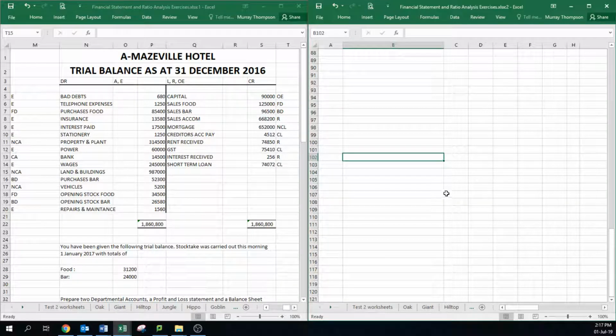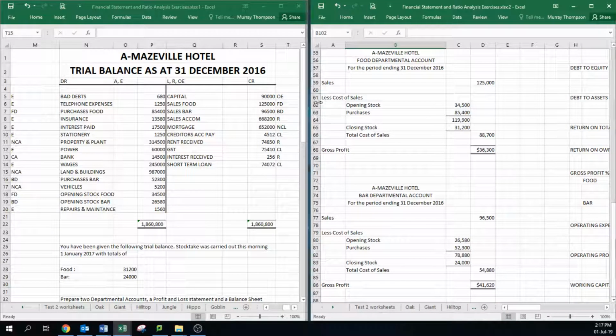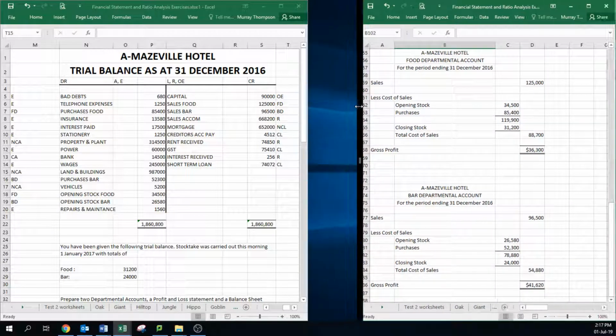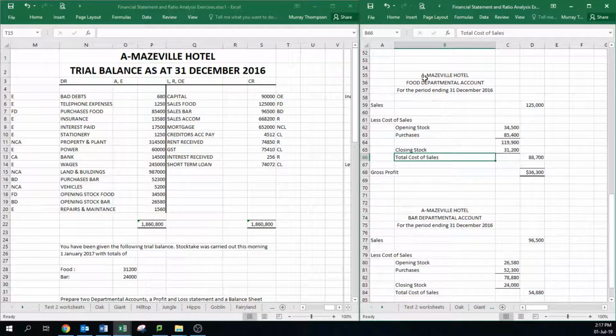In this shortened video, I'm not going to go through and build each financial statement step by step, but I will show you what they look like. This one here is the food departmental account. Anything that said food department or FD will be used in the food department.